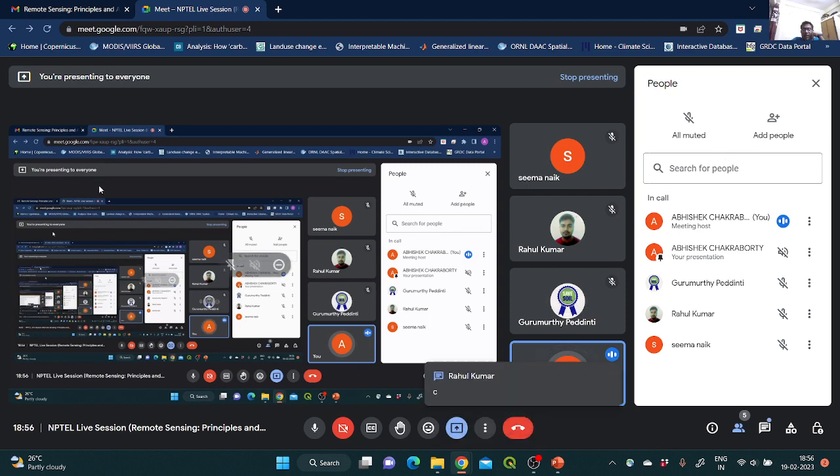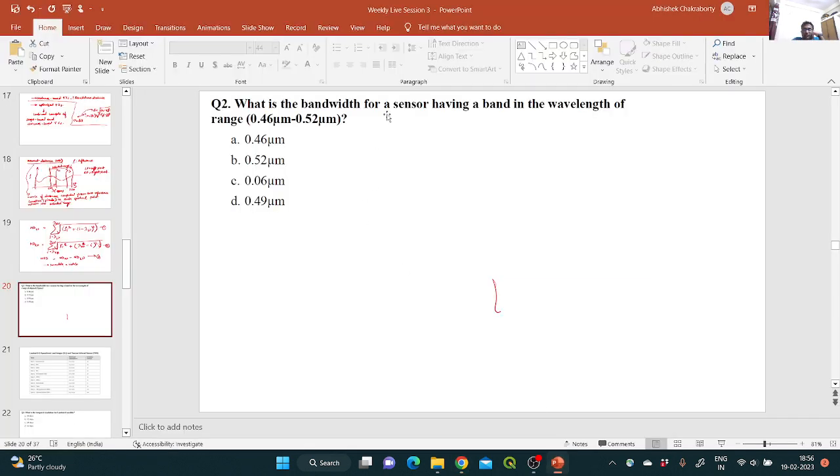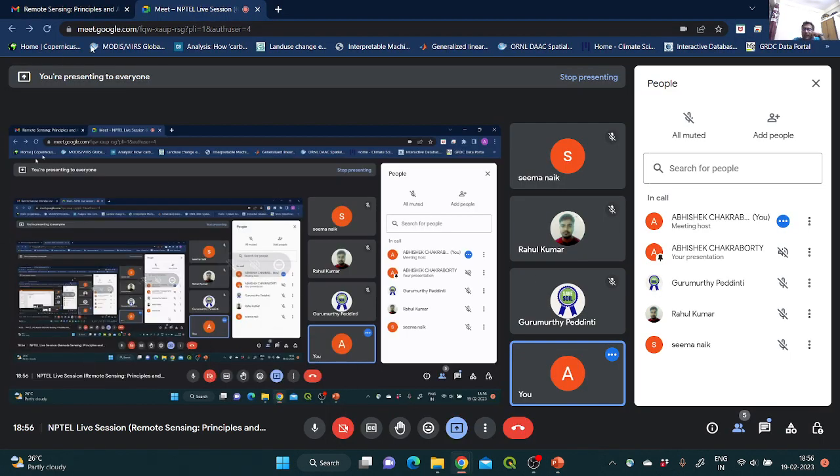Anything you want to guess? The wavelength range is already given: 0.46 micron to 0.52 micron. What would be the bandwidth? Any answer? Any comment or any guess?